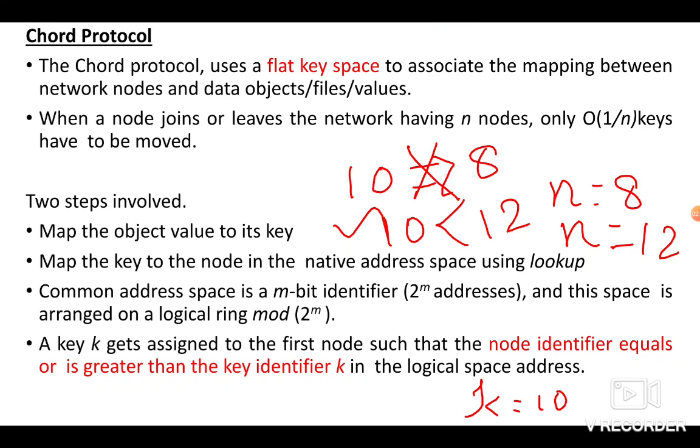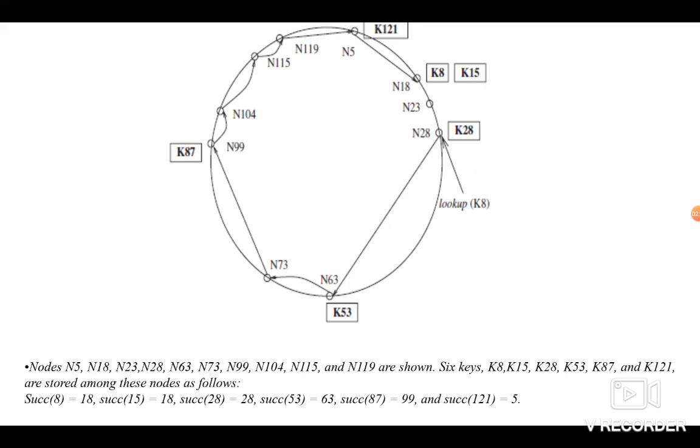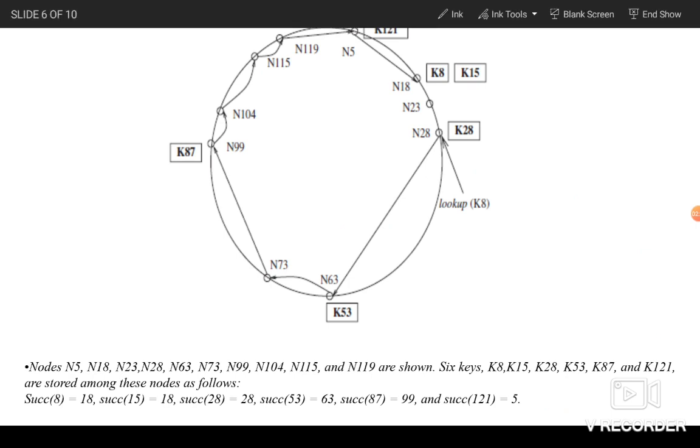So how is the key mapped to the node? Assume this is one example. We have many nodes, named N5, N18, etc., up to N119. We have 6 keys, K8, K15, up to K121. How do we find the successor of 8?